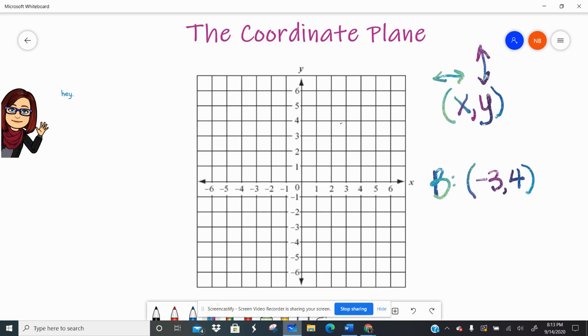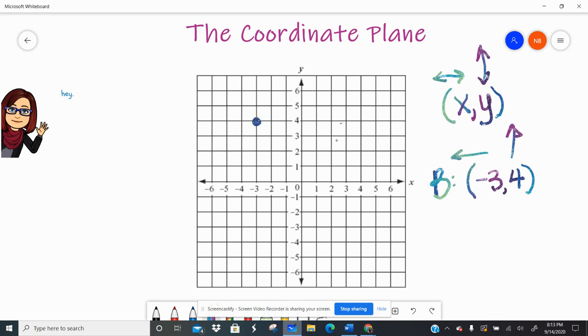Well, to find my address at -3, +4, I start at the origin right here in the center, and then I'm going -3, which means I'm going left. 1, 2, 3. Then I'm going +4, which means I'm going up. 1, 2, 3, 4.